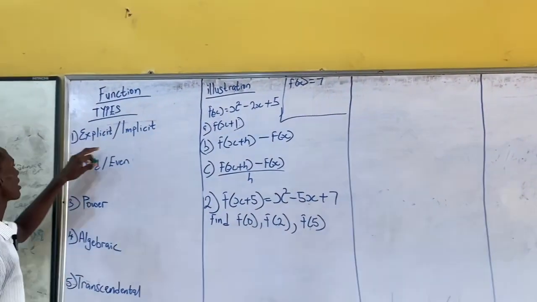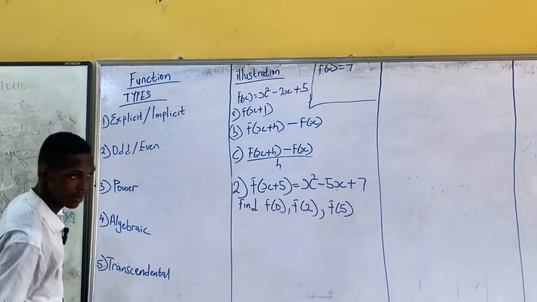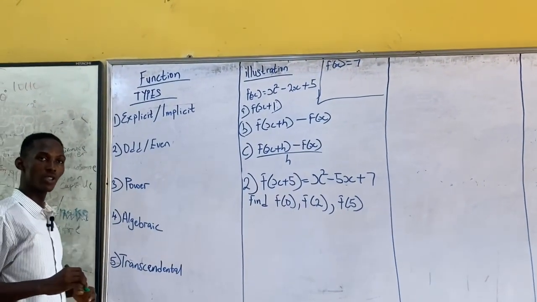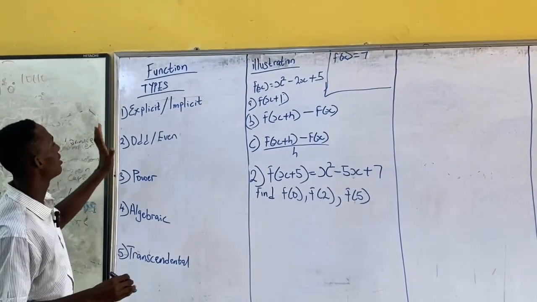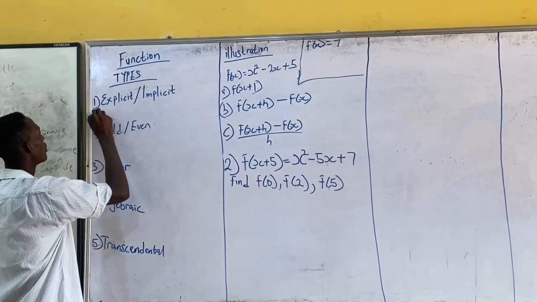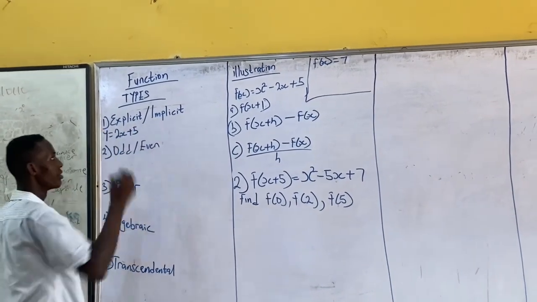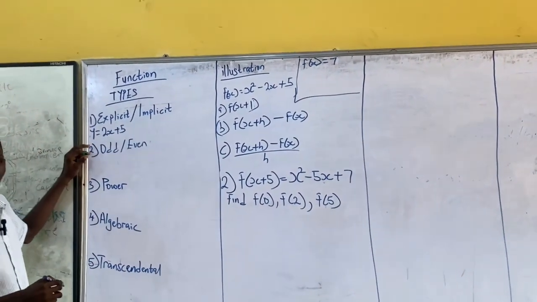Now for explicit and implicit, the difference between the both is that for explicit function, the independent variable, which is x, is expressed directly in relation to y. So this is what I'm talking about. For explicit function, you can have y is equals to what? 2x plus 5. So this is an explicit function.